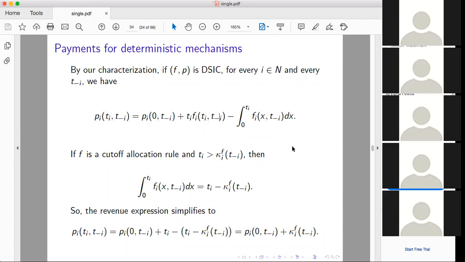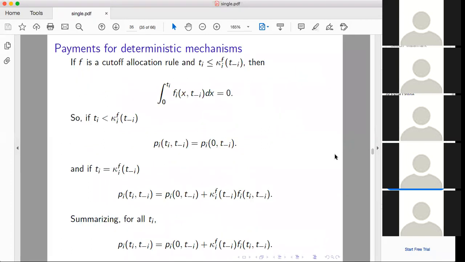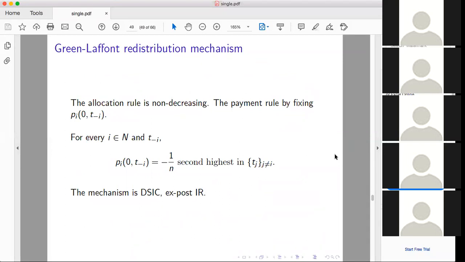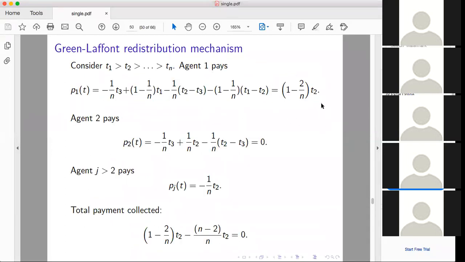Between t3 and t2, it will win with probability 1 over n, and above t2, it will win with probability 1 minus 1 over n. So if you plug those things in, then this integral expression will simplify, and we'll get a term like this: 1 minus 2 by n times t2.